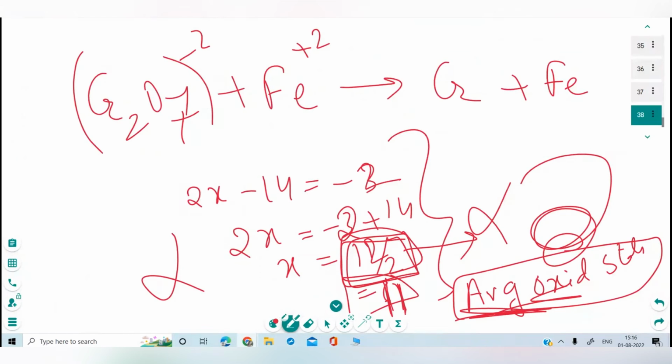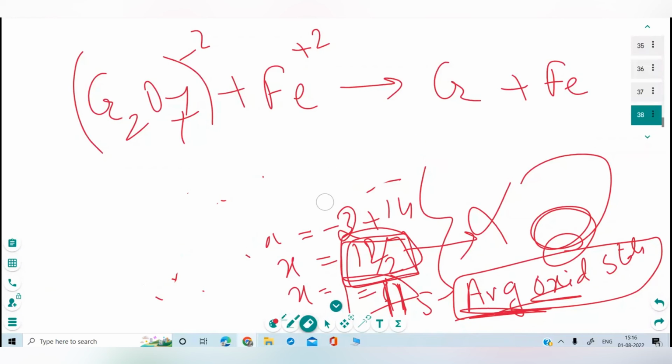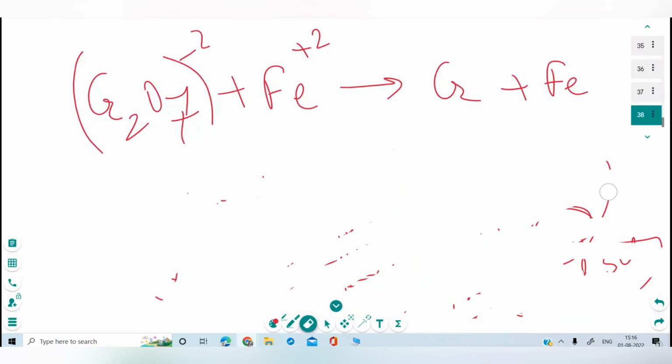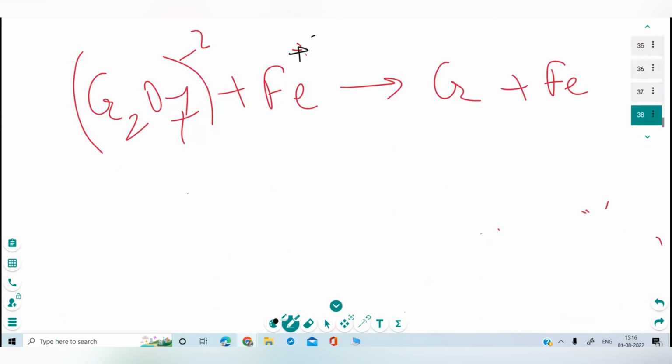Yes. Suppose it comes as a whole number, say 5. Say chromium comes out to be 5. Let's think it that way. So I have taken +3 here, and with this +3, suppose I got chromium as 5.